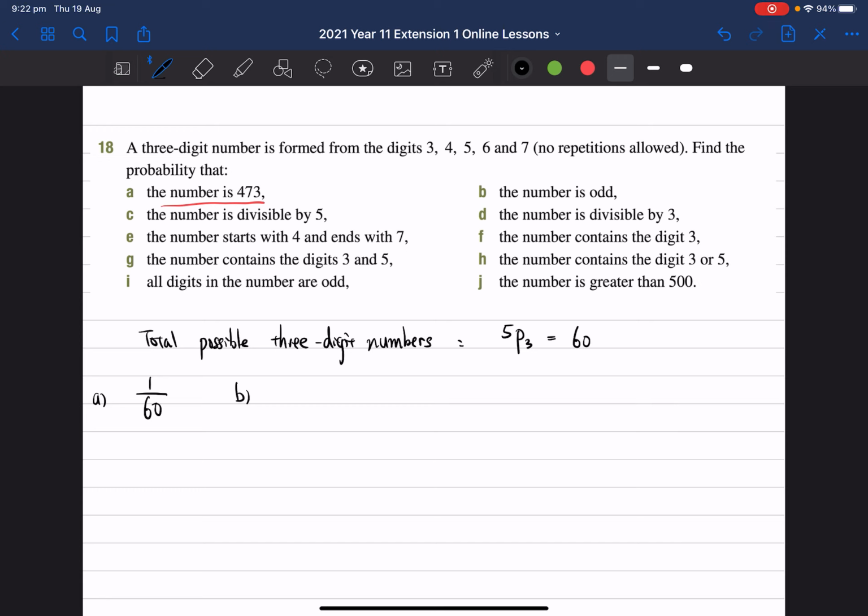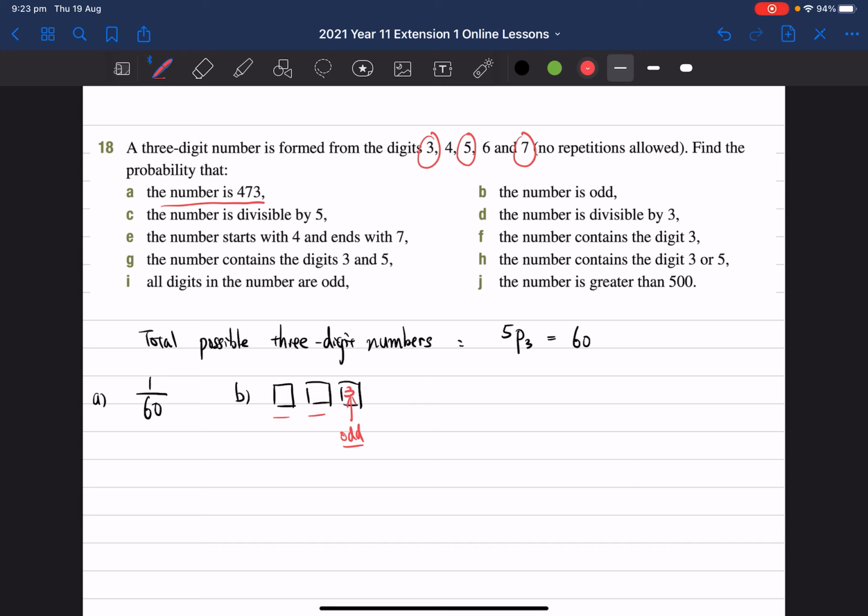So the next one is an odd number. First you need to understand how we make an odd number. To have an odd number, the last digit must be odd. It doesn't matter what the previous 2 digits are. So from 3, 4, 5, 6, 7, we have 3 numbers that are odd.